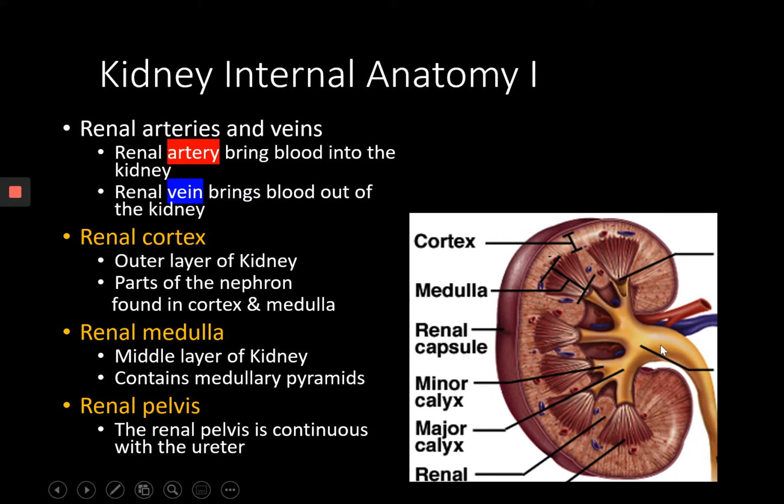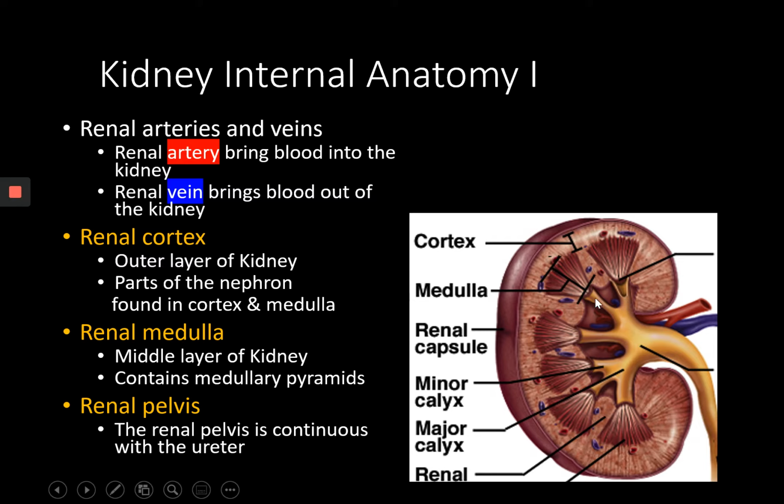Now I'm also going to point out structures we were just talking about that we were giving names to. So we have, for example, the base of a renal pyramid here. Here's the apex of a renal pyramid. The apex of a renal pyramid is also called a renal papilla. I'll say that again, renal papilla. Renal papillas drain urine into a minor calyx.